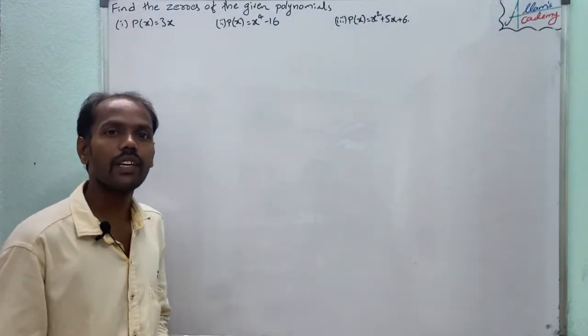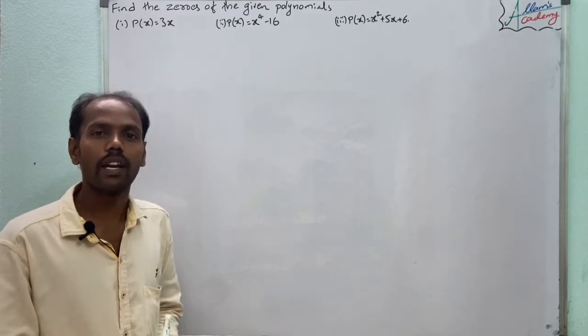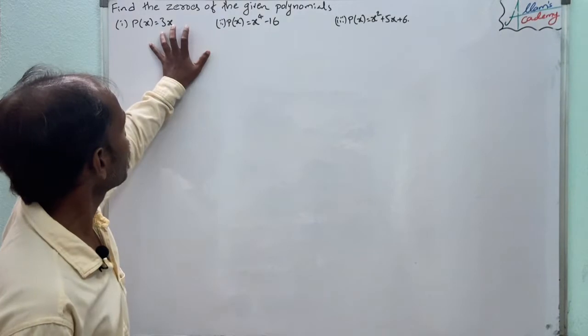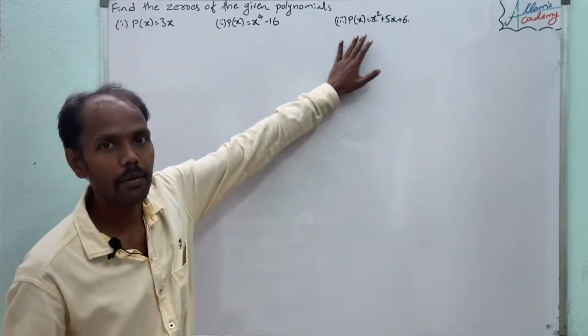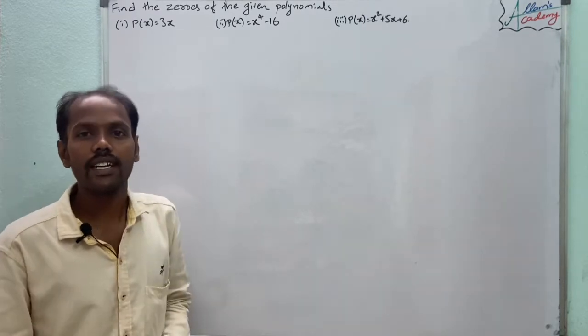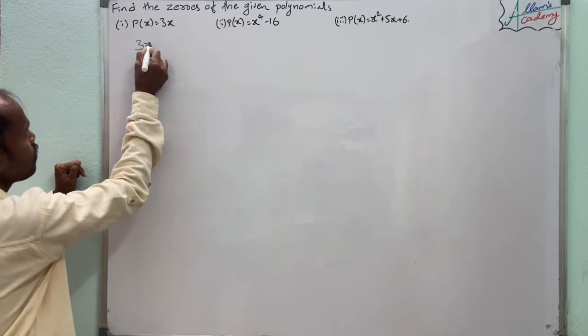Now, before we check whether a given number is a zero of the polynomial or not, let us see how to find the zeros of the given polynomials. Zeros of the polynomial means the value for which we get the result 0. So 3x equals 0.